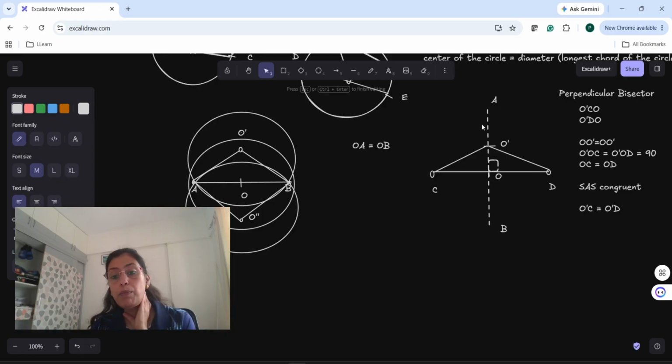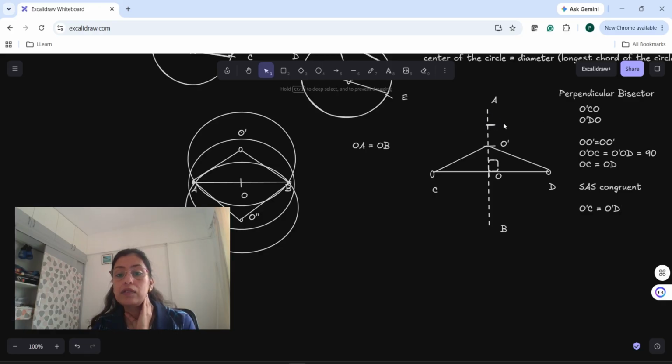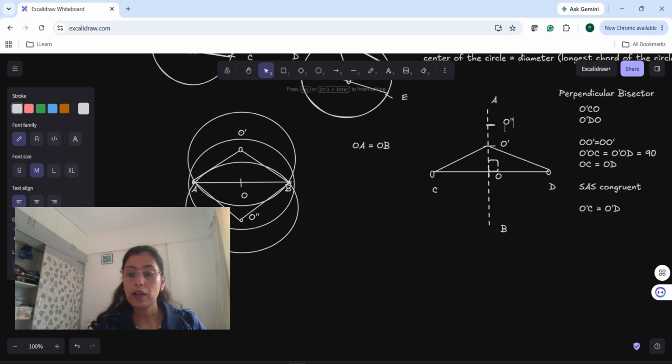And for any point, I made O dash here, I can make here O double dash, O triple dash, any point you take on this line. Same congruency property will apply at every point, and that is how you'll see that OC will be equal to OD.